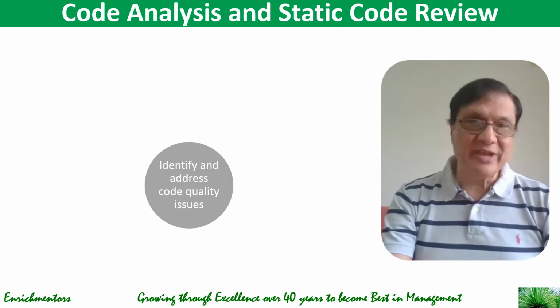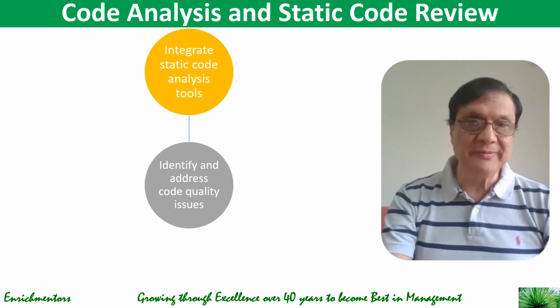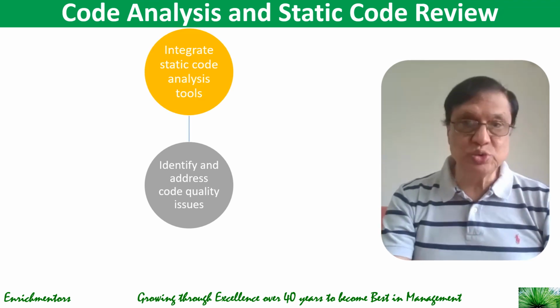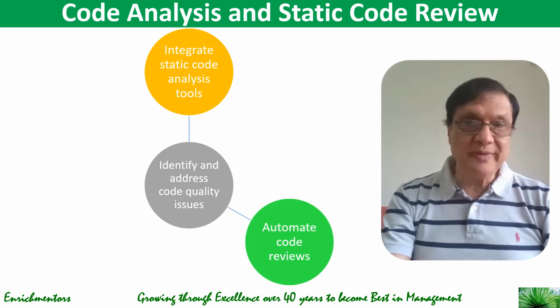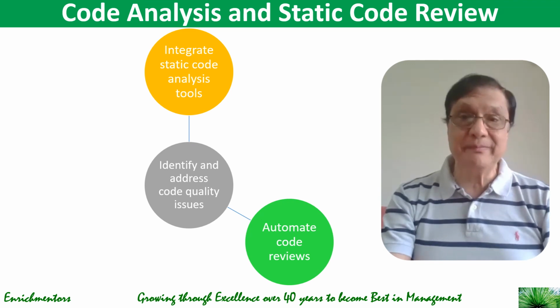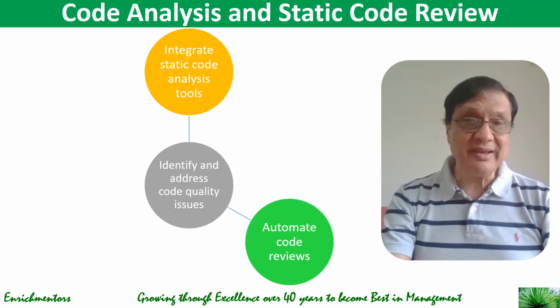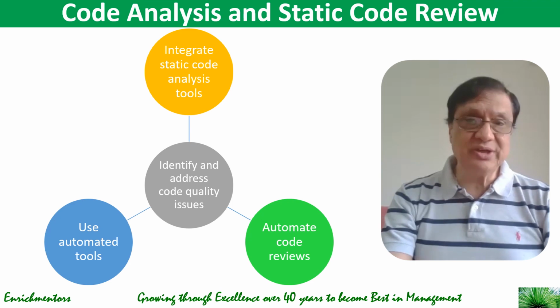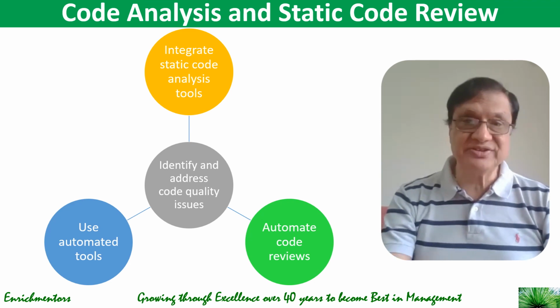You do this by integrating static code analysis tools like SonarQube and ESLint. Then you automate code reviews to enforce coding standards and best practices. And finally, use automated tools to identify security vulnerabilities. If you do this, you would be on a journey to code analysis and static code reviews.